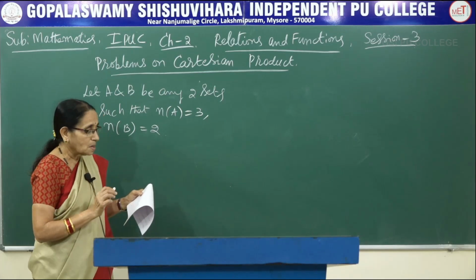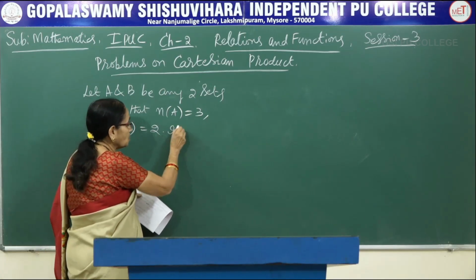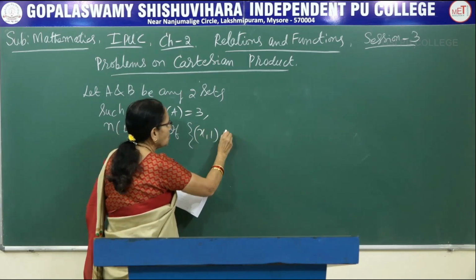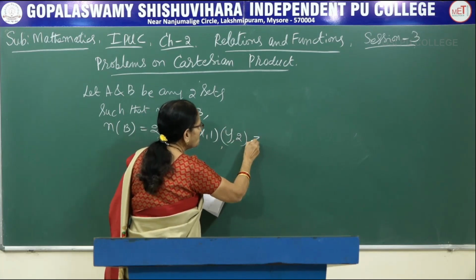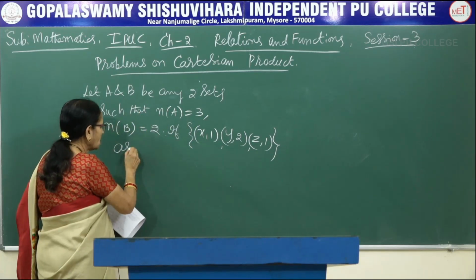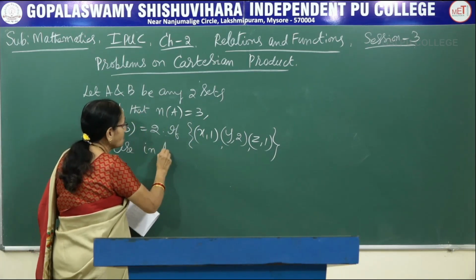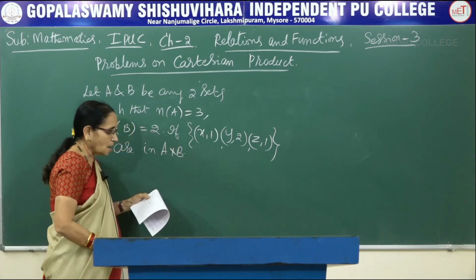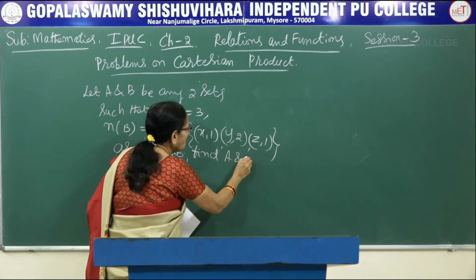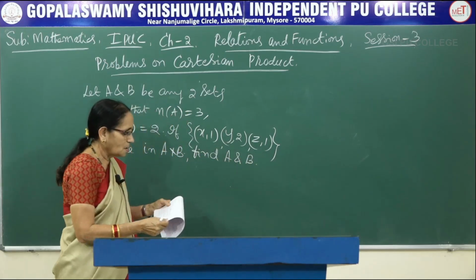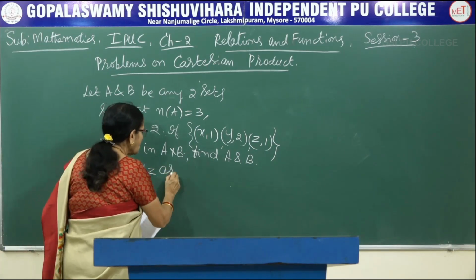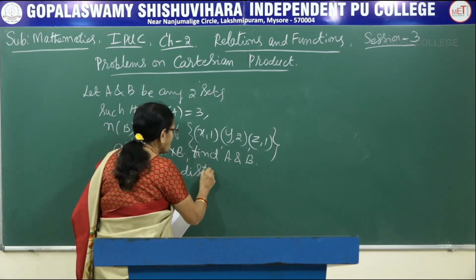Now this is the data. Next, one more part of the data: if x comma 1, y comma 2, z comma 1 are in A cross B, find A and B, where x, y, z are distinct elements.